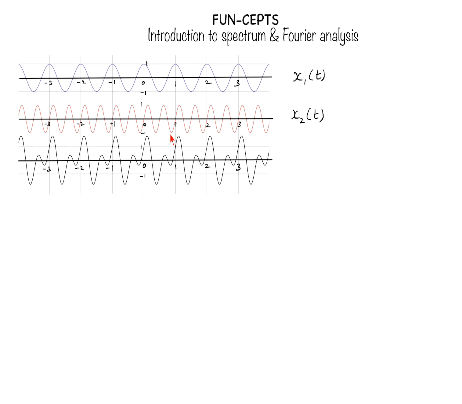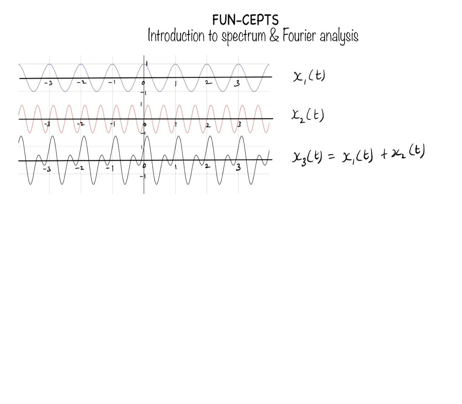I have produced this third signal by adding these two waveforms together. So x3 of t has been produced by adding x1 of t and x2 of t.